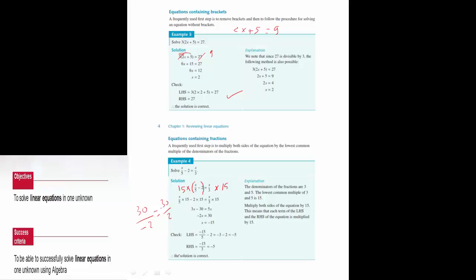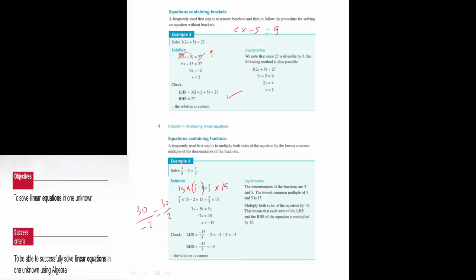In some cases, if this was, let's say, 7, a number you cannot divide by, and you wanted to leave it as 30 over 7 or 30 over negative 7, you don't leave it as 30 over negative 7 or you'll lose marks. You put it as negative 30 over 7. That's the proper mathematical notation.